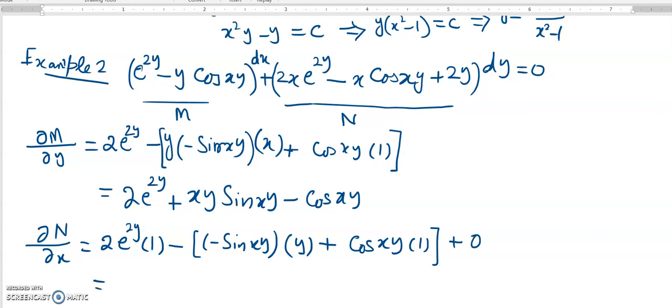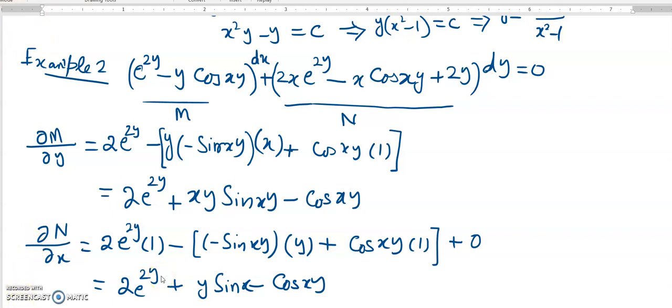So simplify it: it will be 2e power 2y, then plus y sine xy, and minus cosine of xy. It is a little bit different from the other one. Is there any mistake? Let me see.